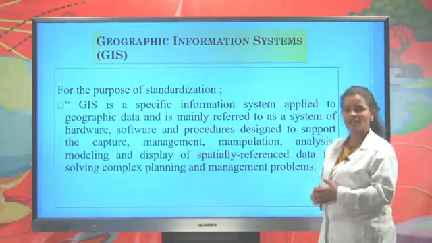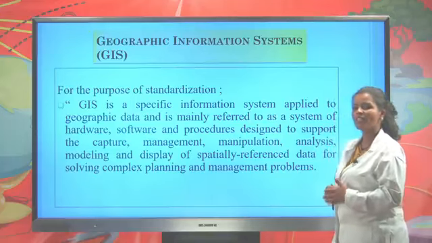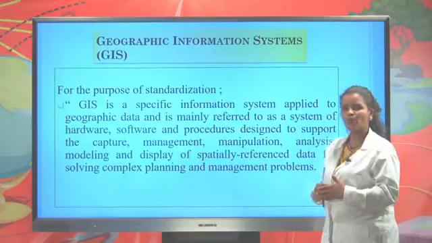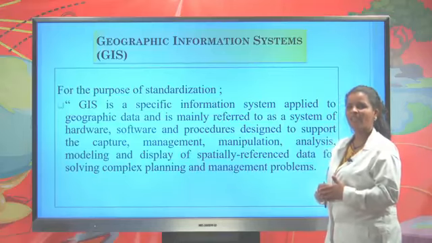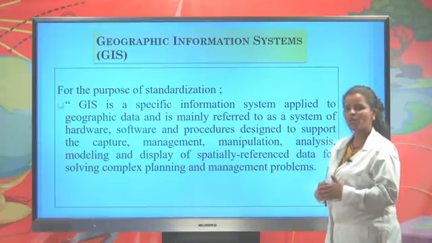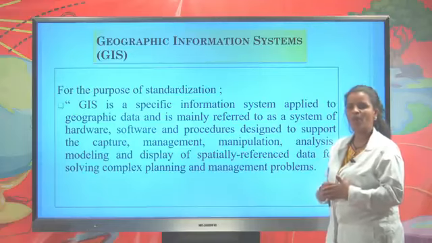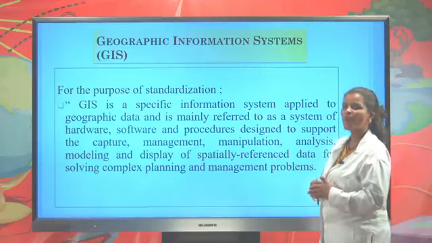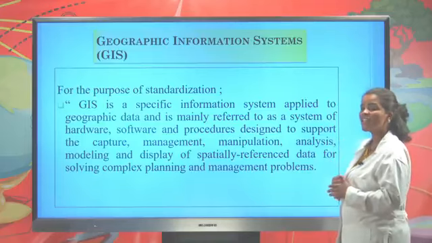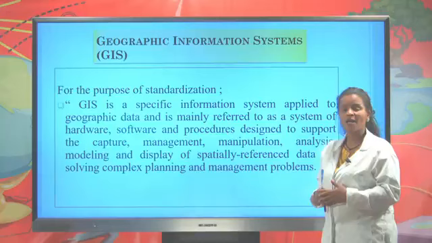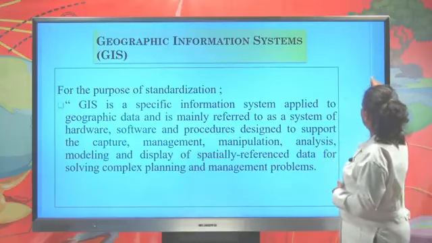For the purpose of standardization, a geographic information system is a specific information system applied to geographic data and is mainly referred to as a system of hardware, software, and procedures designed to support the capture, management, manipulation, analyzing, modeling, and displaying of spatially referenced data for solving complex planning and management problems.